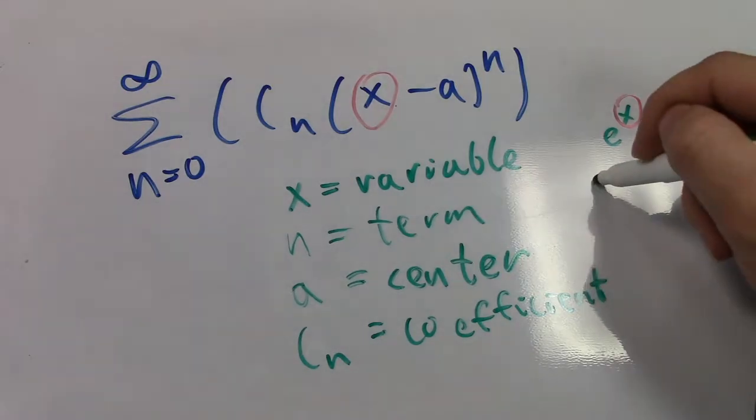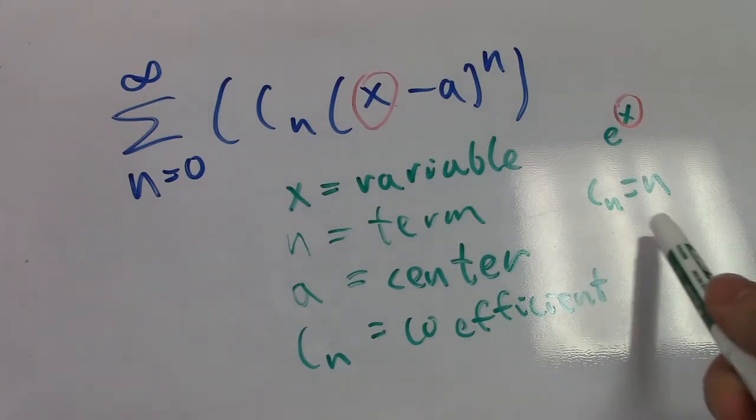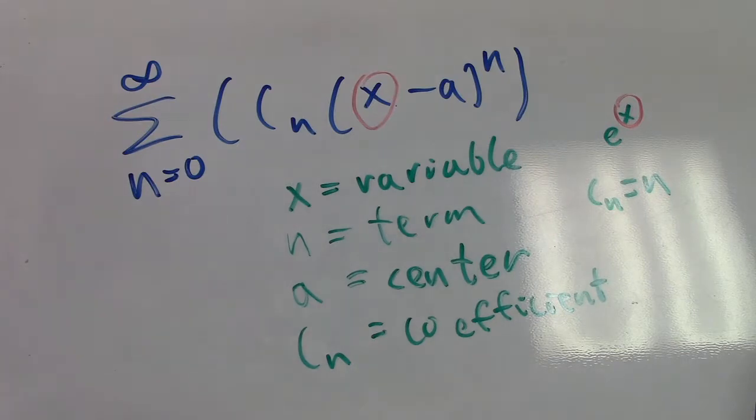So, i.e., our coefficient could equal n. So for the first term, it's 1, the second term it's 2, and for the 37th term, it would be 37.